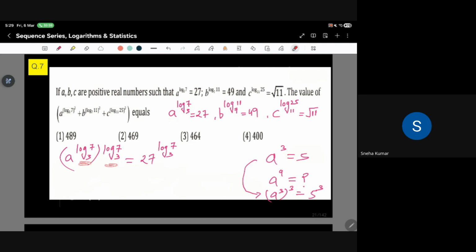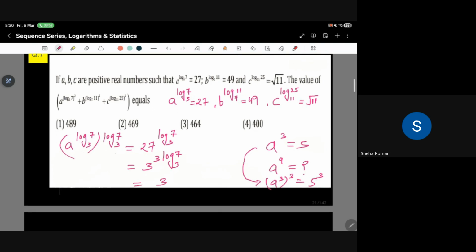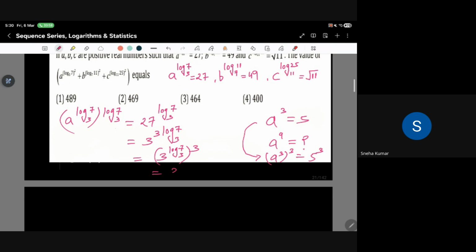So this becomes power square, and here it simplifies: 27 is 3 cube, so 3 to the power 3. So this can be written as 3 to the power log 7 base 3, which becomes, sorry, 7 to the power 3.